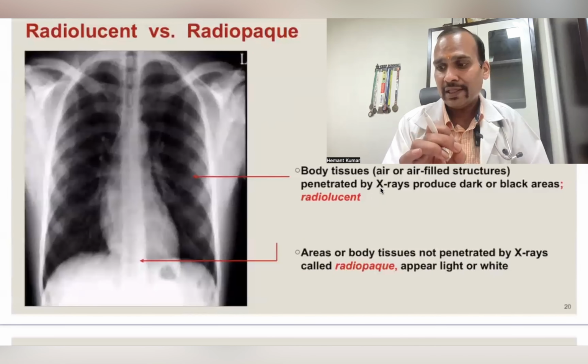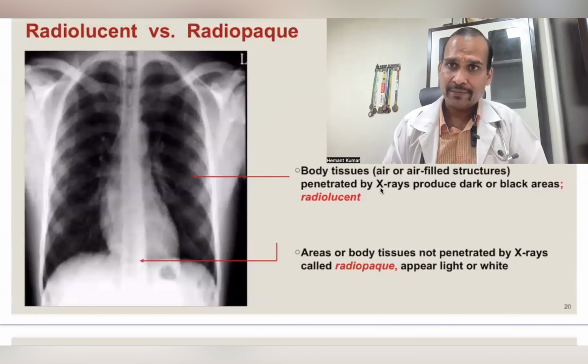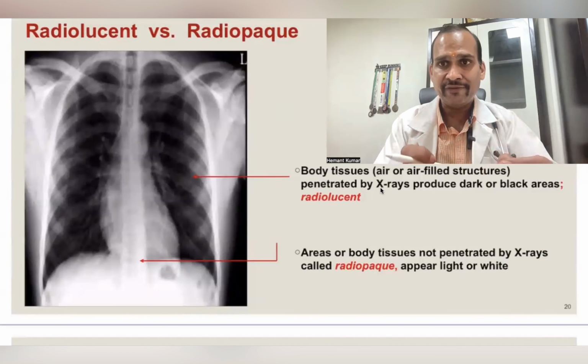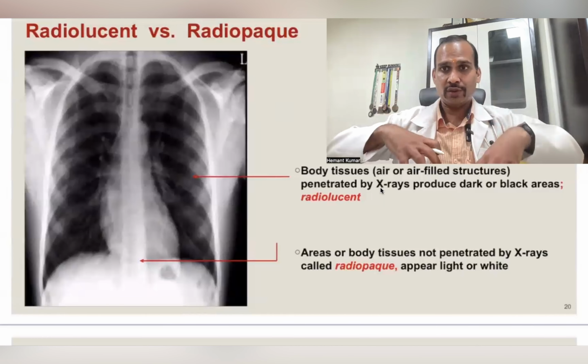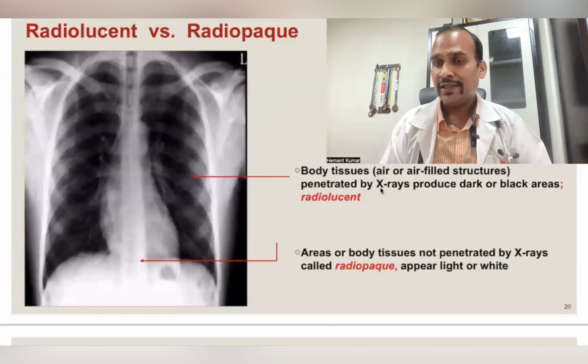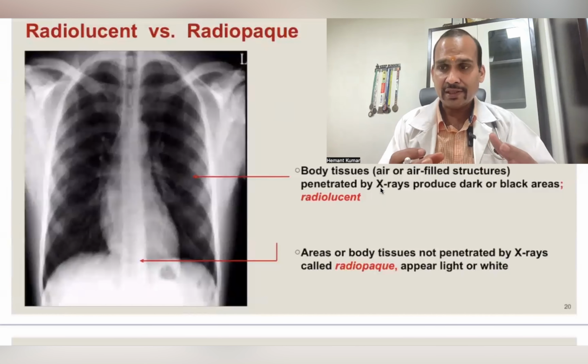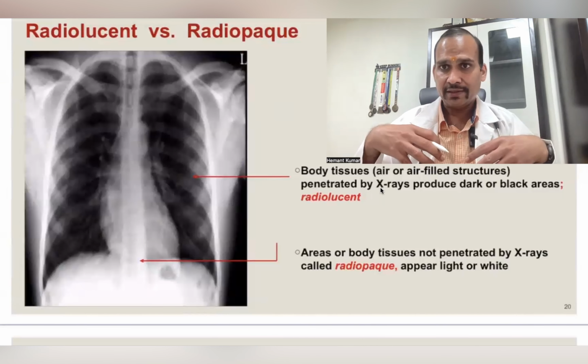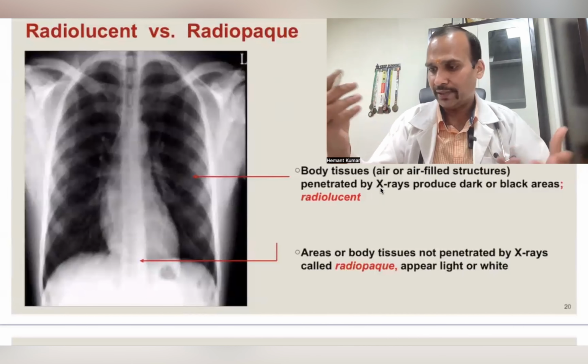Black means radiolucent: the x-ray is penetrating easily. The structure which is not penetrating the x-ray looks radiopaque.